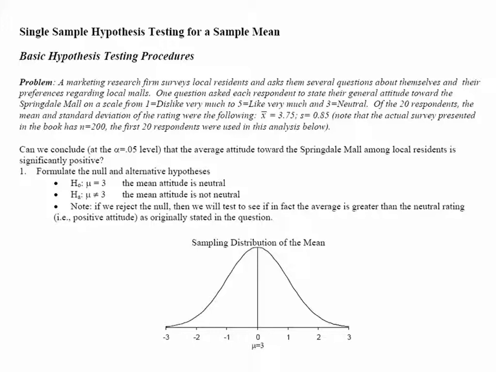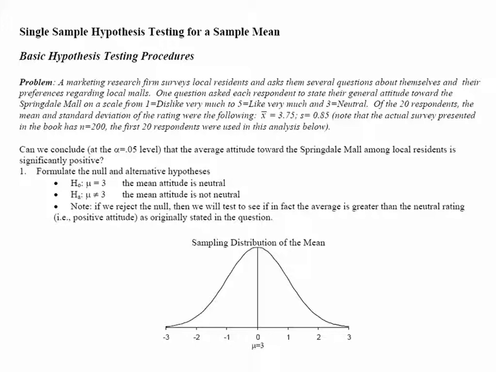So, step number 1: can we conclude at an alpha equals 0.05 level, which corresponds with a 95% confidence interval, that the average attitude towards Springdale Mall among local residents is significantly positive? You'll notice that this question is stated such that it is a directional test.